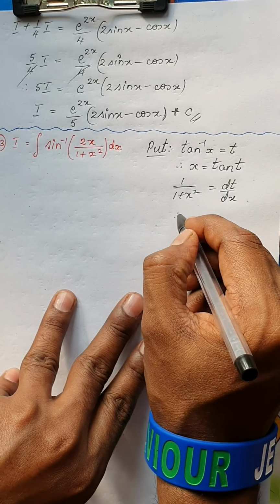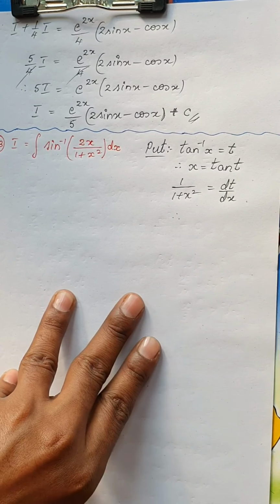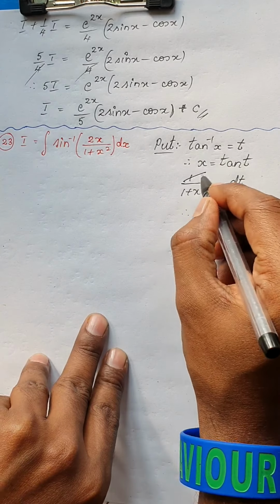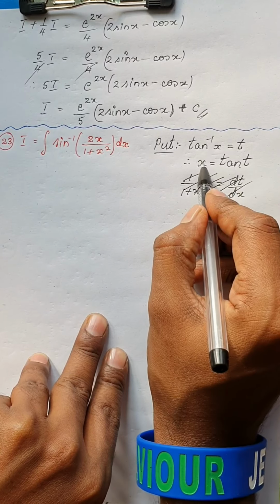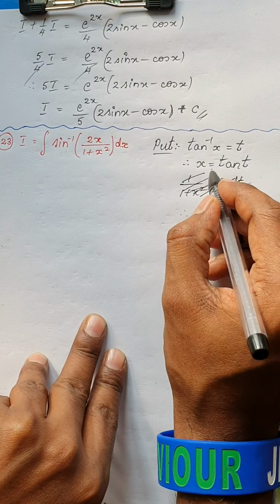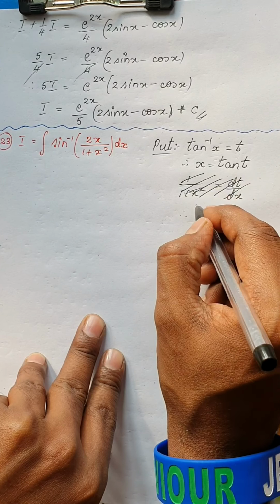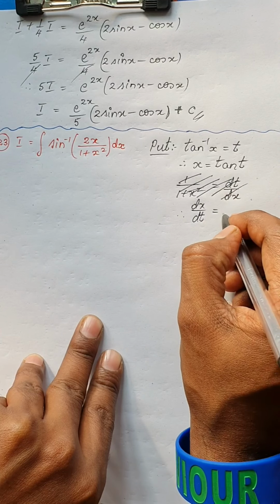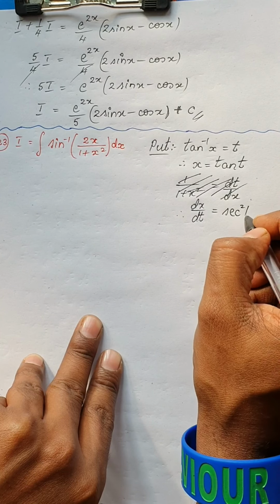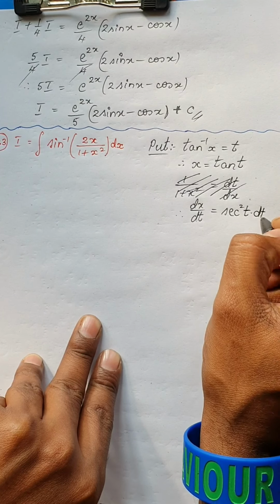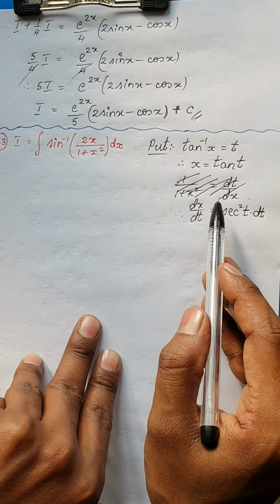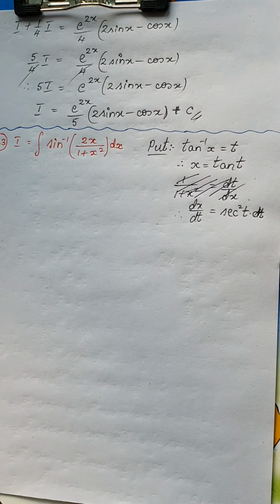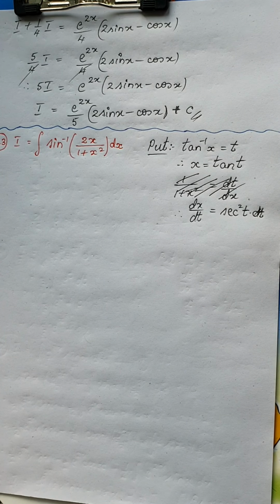Or else, the simpler method would be to differentiate this with respect to t. I've considered x as tan t, therefore dx by dt would be the derivative of tan, which is secant square t. So dx by dt would be secant square t.